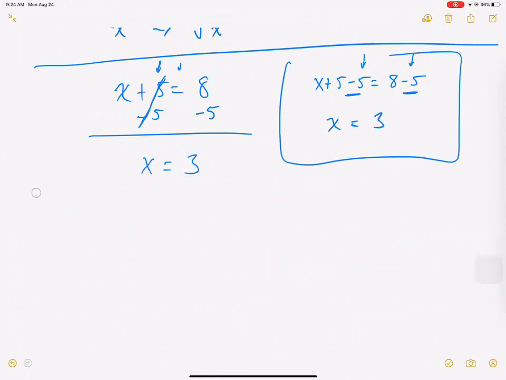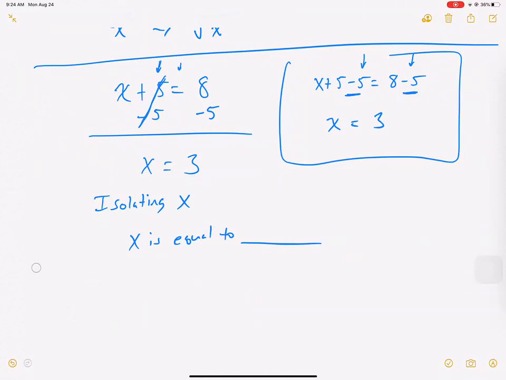This is our main goal for this lesson: isolating x so that we can say x is equal to what? In this case, x has to be 3 for this equation to be true.